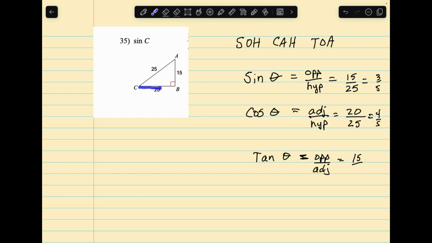The adjacent's right here, and it would be 20. And there you go. You've written 3 trigonometric functions that you could use to find the angle of C. Using the sine function, then you take an inverse sine, and that will be another. But this right here is all about setting it up.